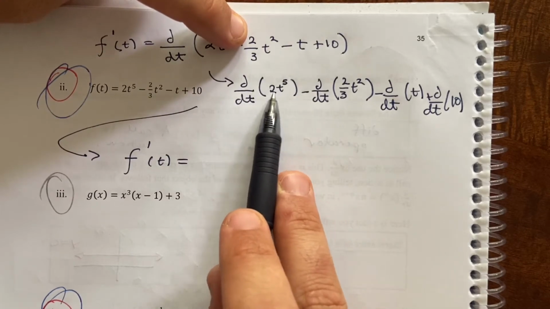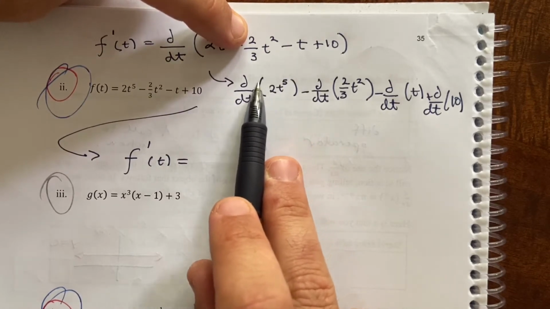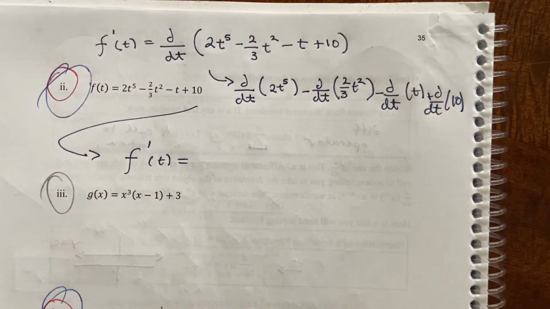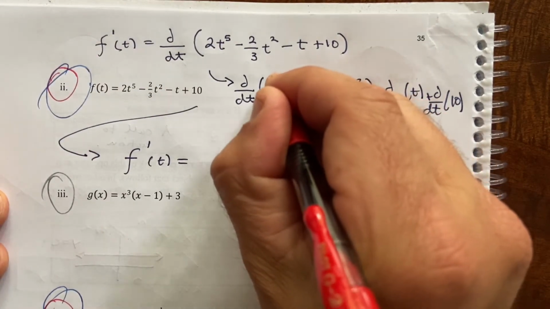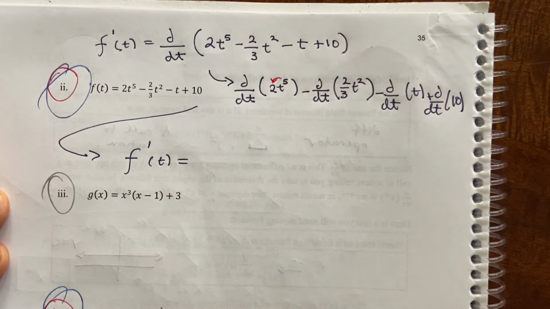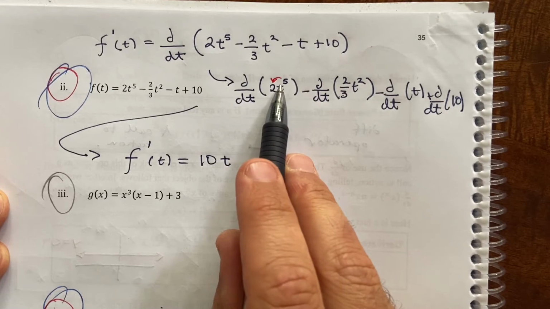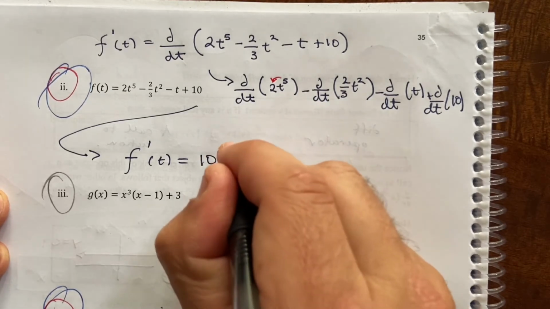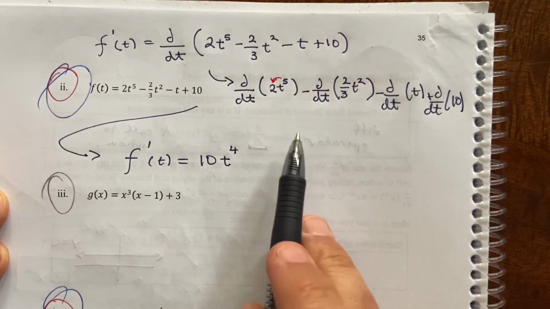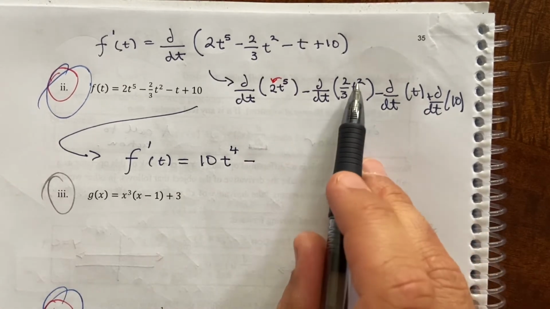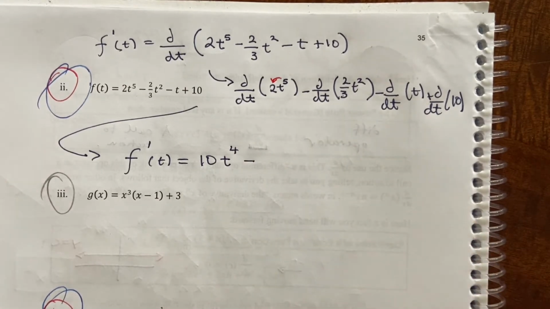I'm going to go ahead and take the derivative now. So we multiply down. We always multiply down here. So I'll get now a 10t, and then I reduce that power on t by 1. So I'll have 10t to the 4th for that term. And then it'll be minus 2 times 2/3.